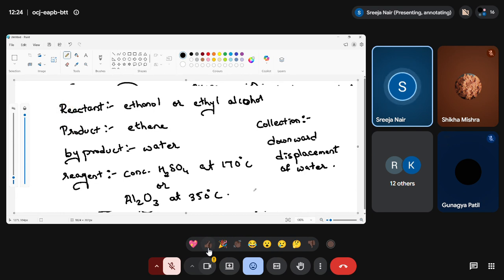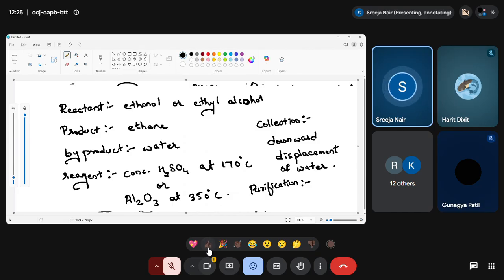Now here, purification. This is one more thing that you need to add here. Sometimes along with this ethene gas, there is a possibility of some other gas getting formed, that is either carbon dioxide gas or sulfur dioxide gas. There is the possibility of these impurities being present in ethene.